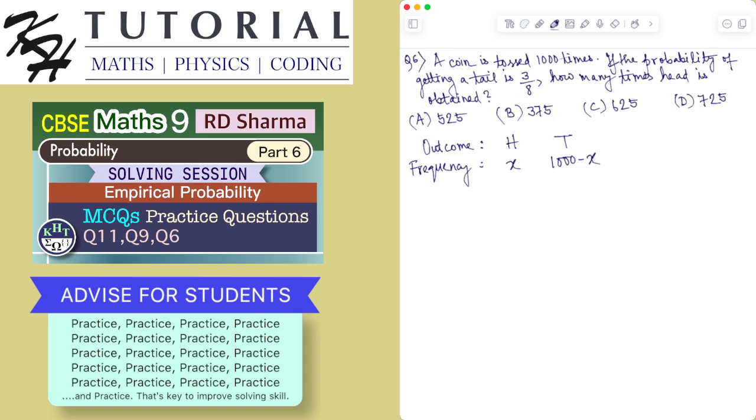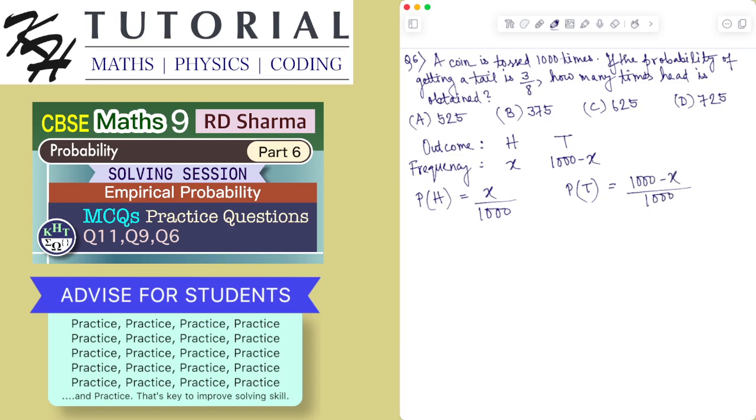Now, what will be the probability of head? Meaning, if a coin is tossed, what is the probability that head will show up, or of getting a tail? The probability of getting a head, based on the empirical formula, will be x by 1000, and the probability of getting a tail will be 1000 minus x divided by 1000.